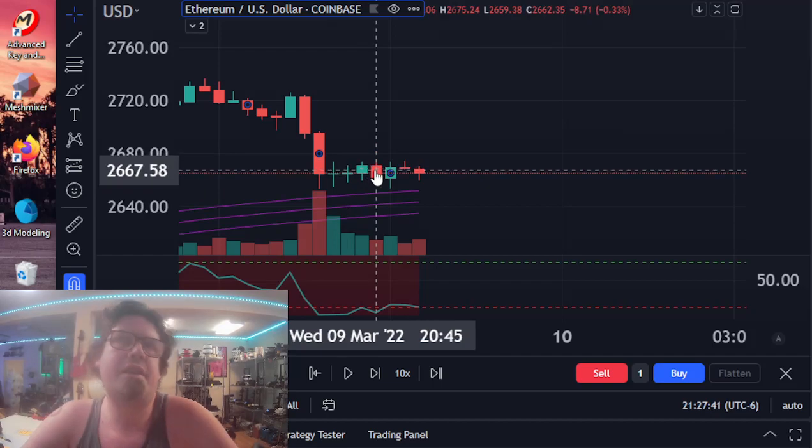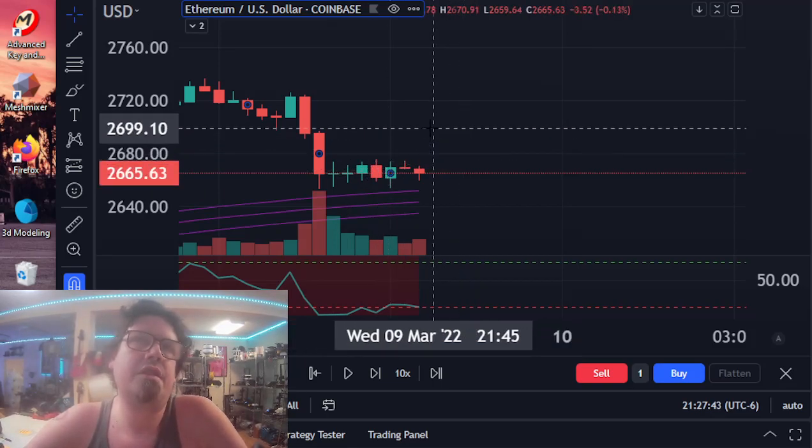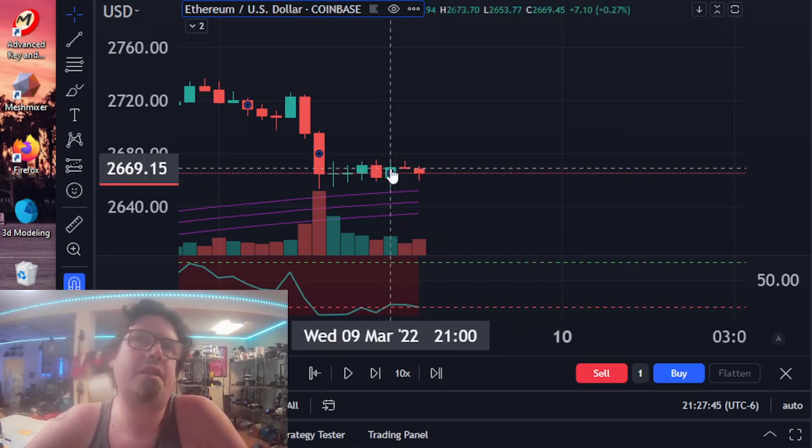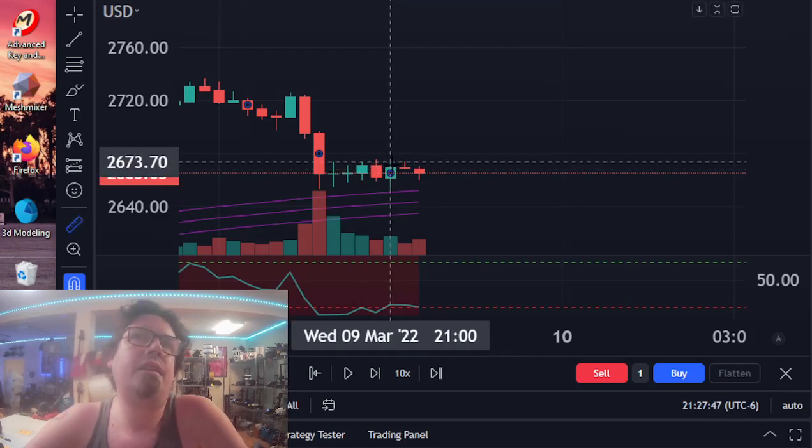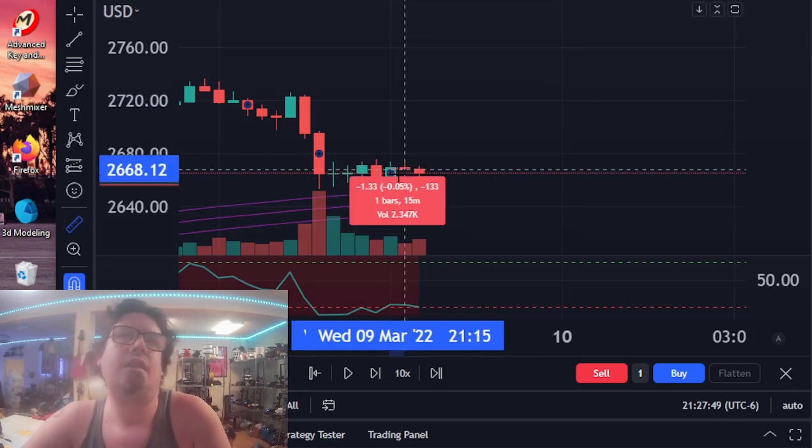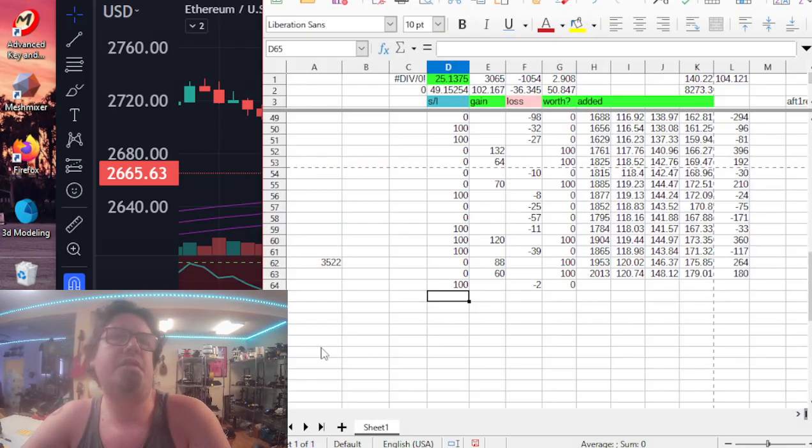This is a slight bullish divergence. So we're going to say I took it right there and lost 0.05.